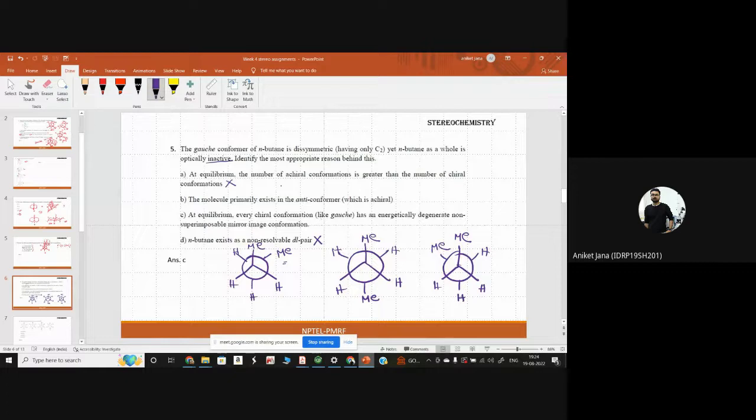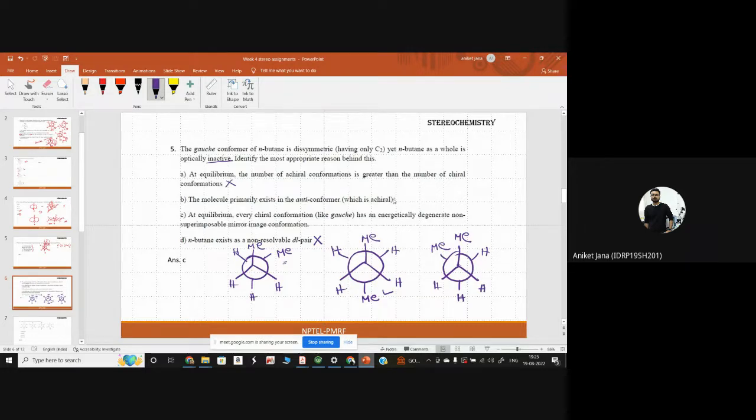And option B says that the molecule primarily exists in the anti-conformer, which is achiral, this one. If it exists in the anti-conformer, then it can cancel out the optical rotation as it has a point of symmetry, achiral one. But can we go with this option?